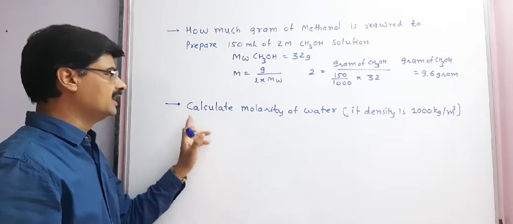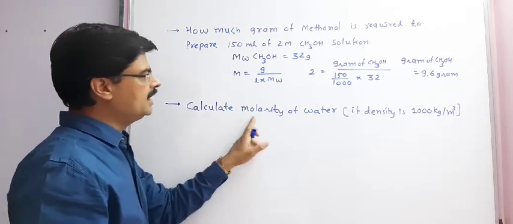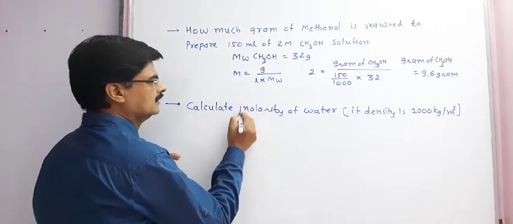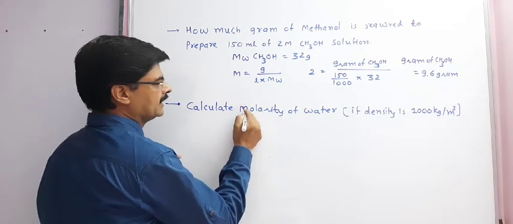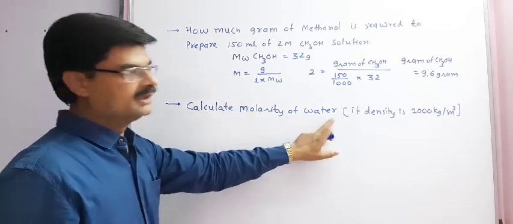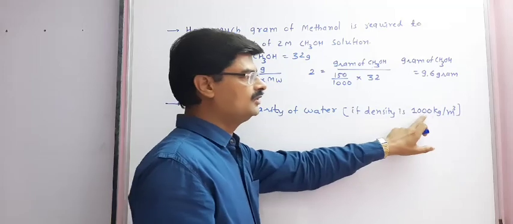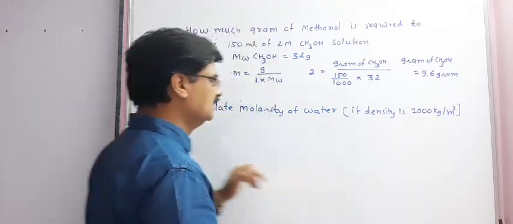In the next question, calculate the molarity of water if density is 1000 kilogram per meter cube.